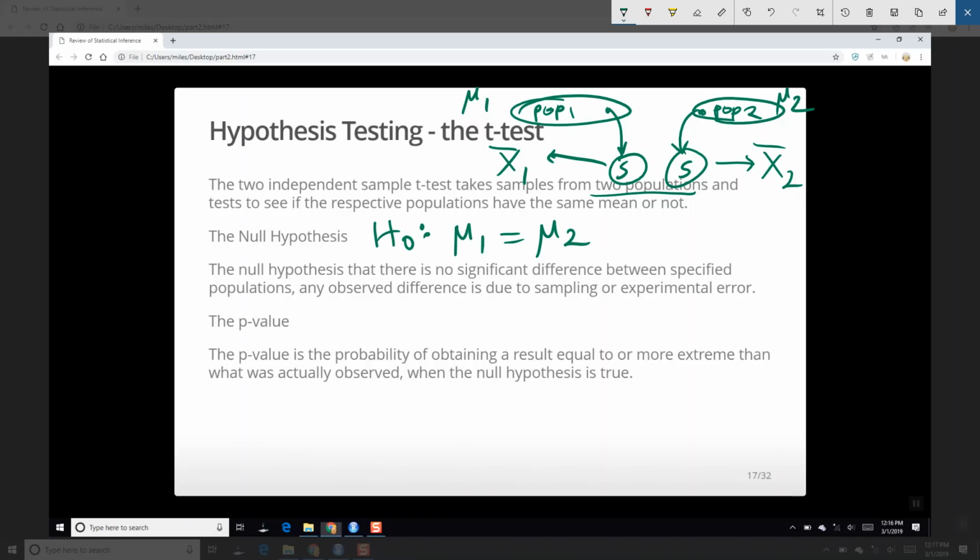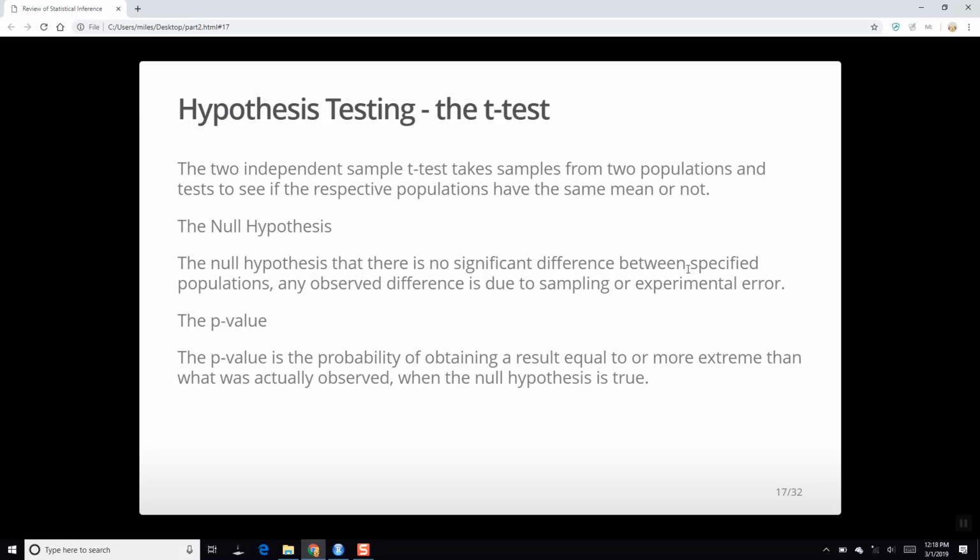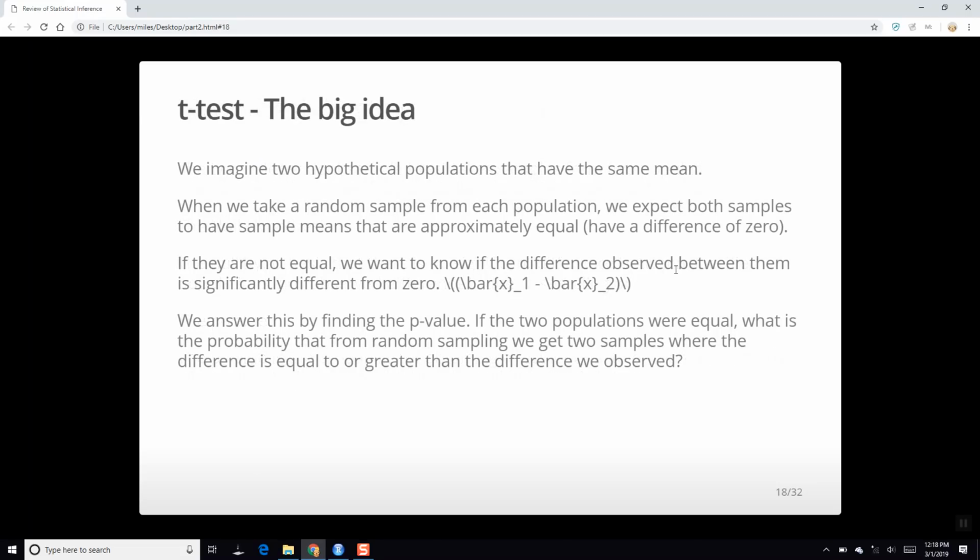And then the p-value is going to be the probability of obtaining a result equal to or more extreme than what was actually observed when the null hypothesis is true. What was actually observed is X bar 1 minus X bar 2. This is what we observed, and we want to know how extreme that is.